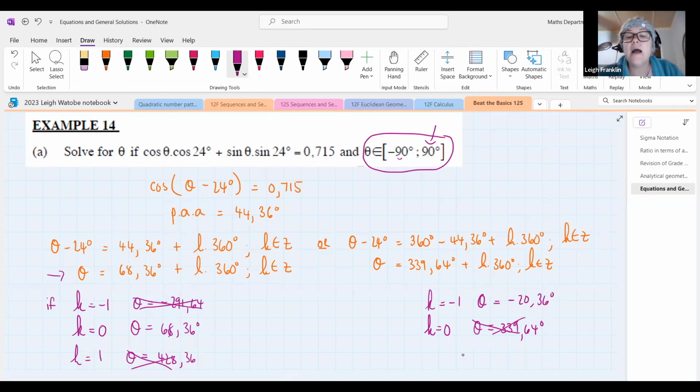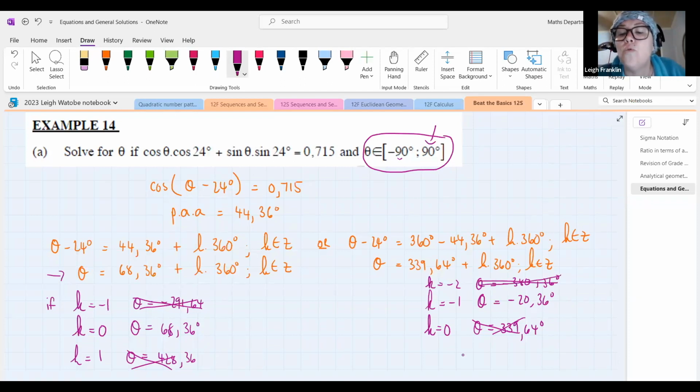But if I want to be 100% certain, let me consider what happens if k was equal to -2. So I'd say 360 times -2, and now I need to add 339.64. That gives me an angle of -380.36.